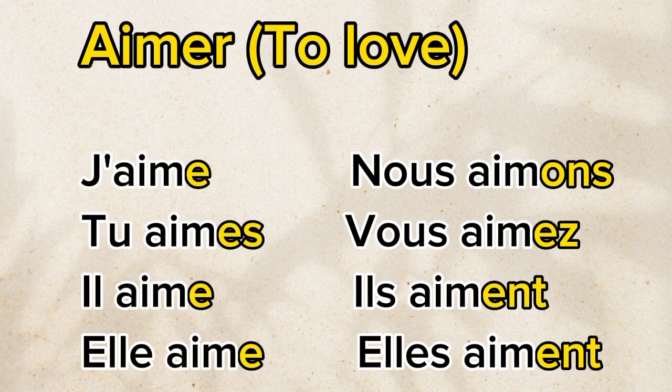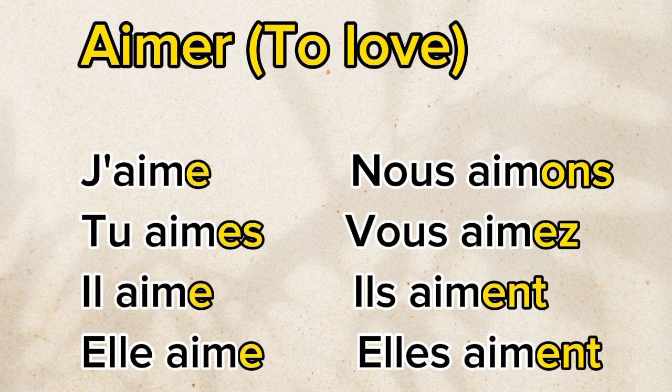For the verb aimer, to love, the verb aimer starts with a vowel. So instead of having je for the first personal pronoun, we are going to have j apostrophe. So it is j'.